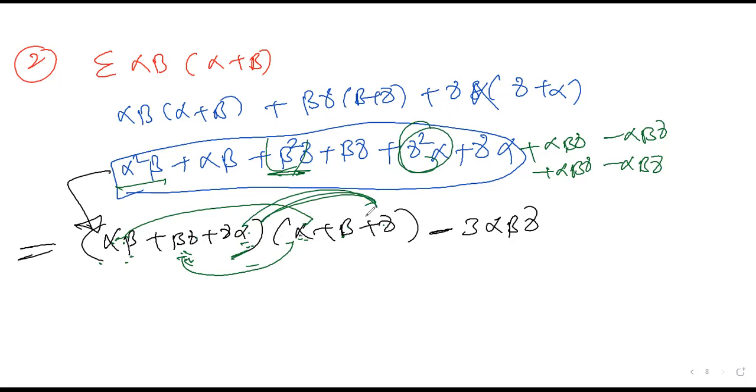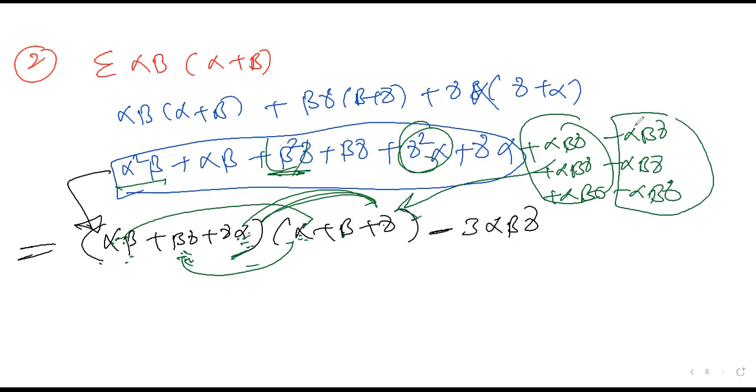Next, alpha square gamma. This is alpha gamma square. It is available. Next, one more alpha beta gamma is not available, so alpha beta gamma plus and minus. This is to create a relation. This is not available, so for this I wrote alpha beta gamma minus alpha beta gamma for the given question to get this out.